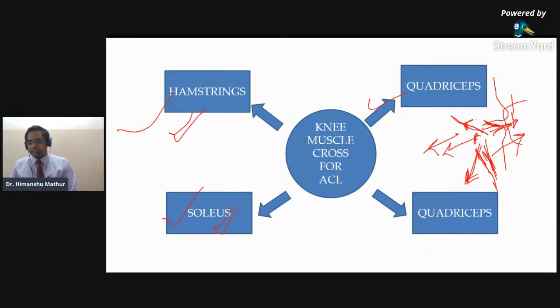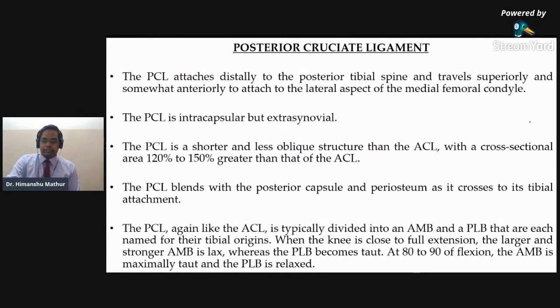Quadriceps gets its insertion on the patella, and the patella has a patellar tendon, or ligamentum patellae, that inserts at your tibial tuberosity. This area is the continuation of your quadriceps tendon, which eventually prevents the tibia from going into posterior translation. So these are the muscles that correspond to that particular motion.